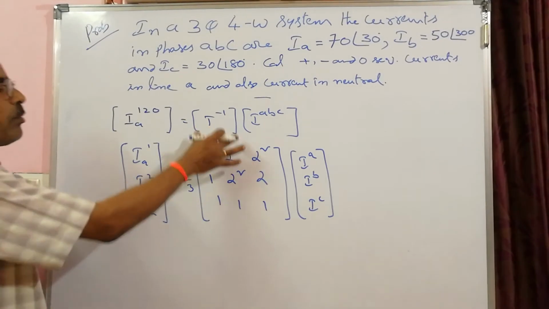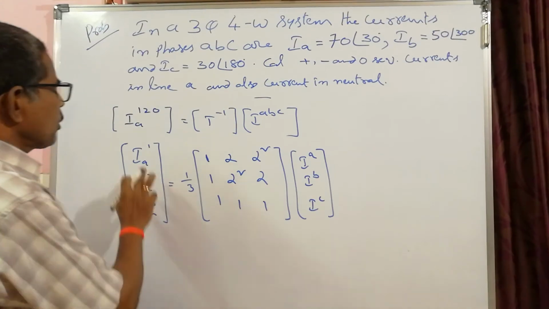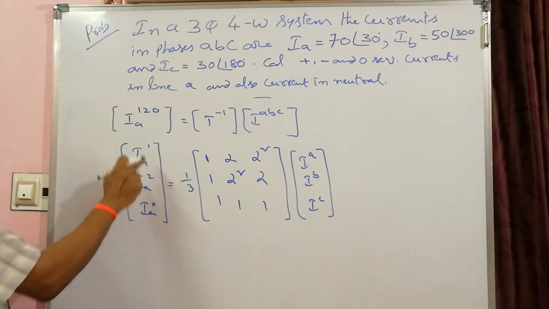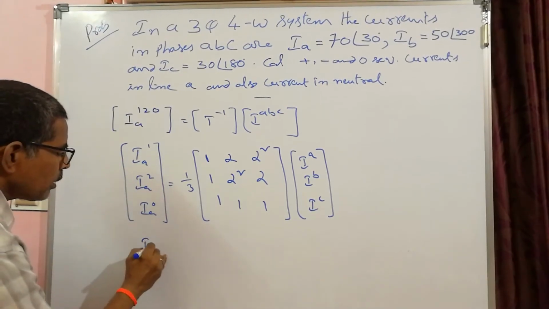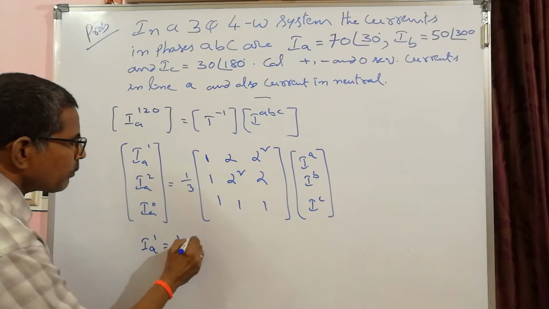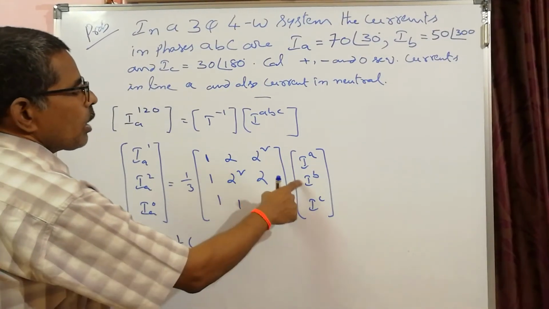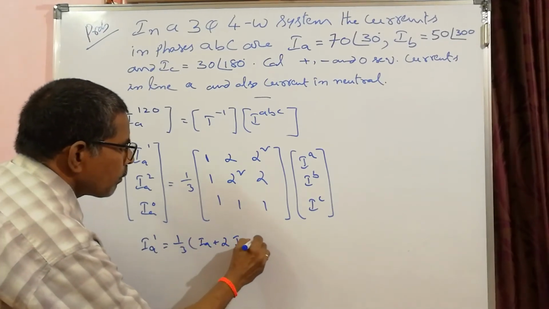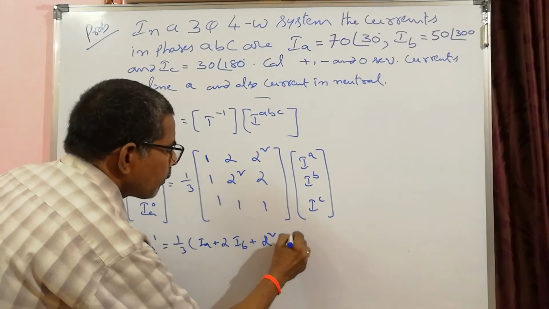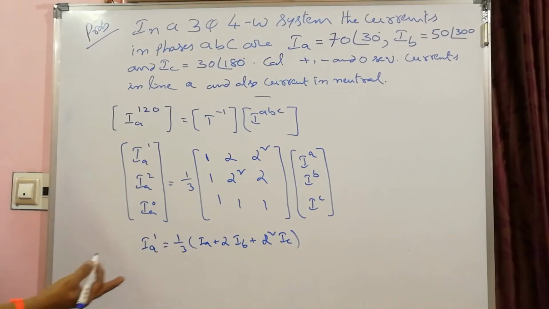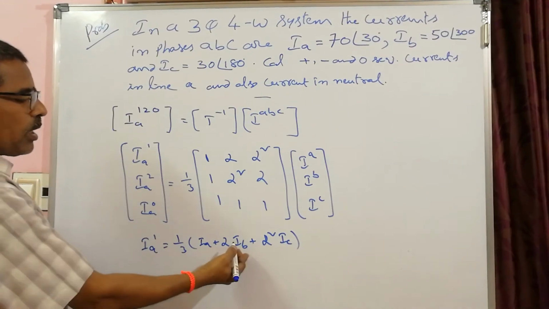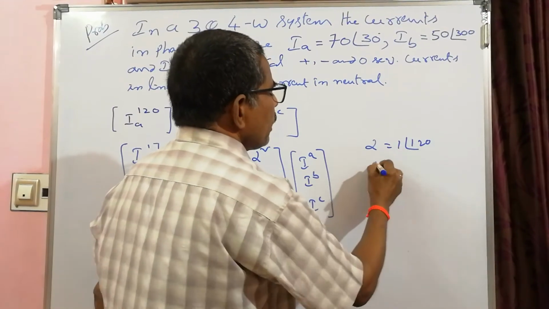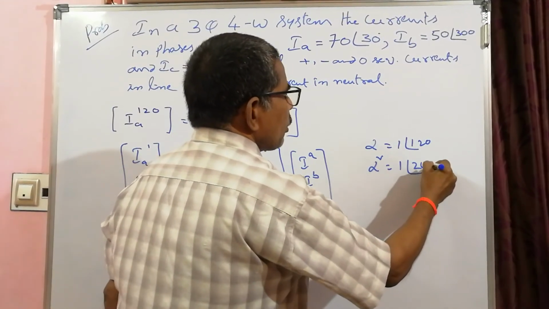What I did is substitute IABC into T inverse. You are asked to calculate the sequence component currents for phase A only. What is IA1? From this, it is 1/3 of IA plus alpha IB plus alpha square IC. You need to substitute IA, IB and IC from the given information, where alpha is 1 angle 120 and alpha square is 1 angle 240.